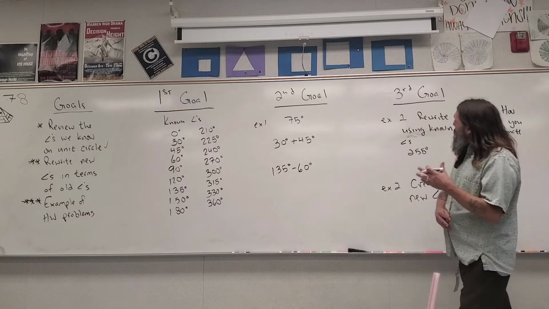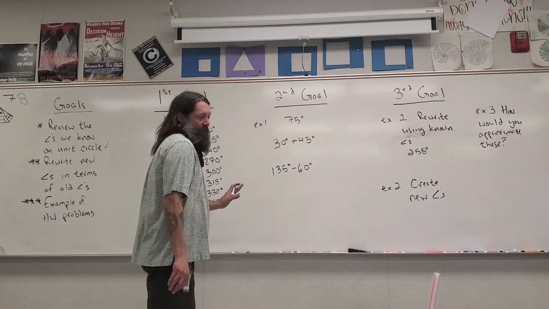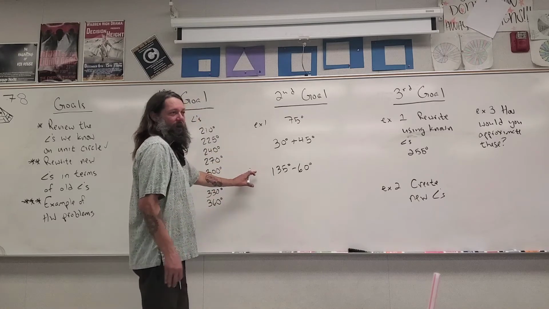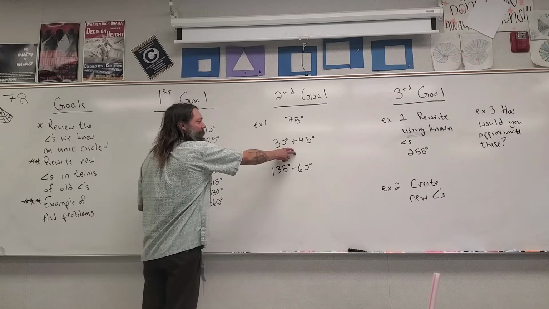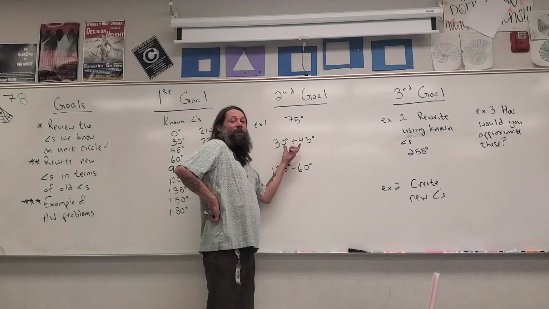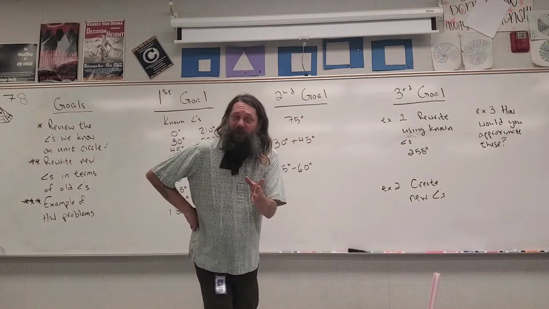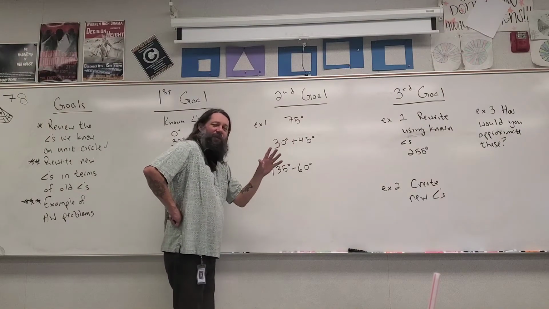So I want us to be able to rewrite new angles using existing angles. You're going to see in the next couple of lessons how we use existing angles to find new angles. It's not so easy as adding.